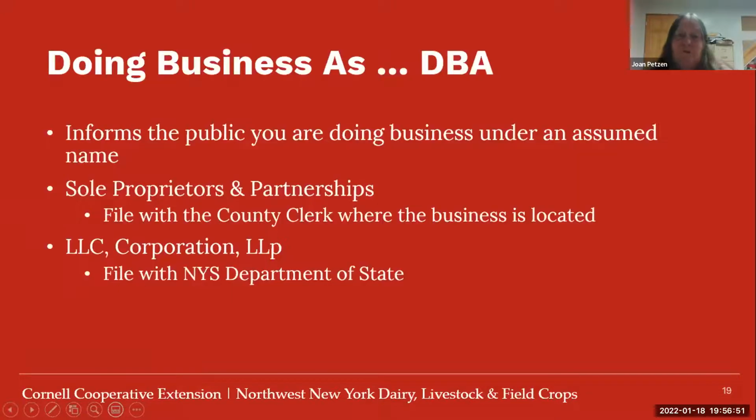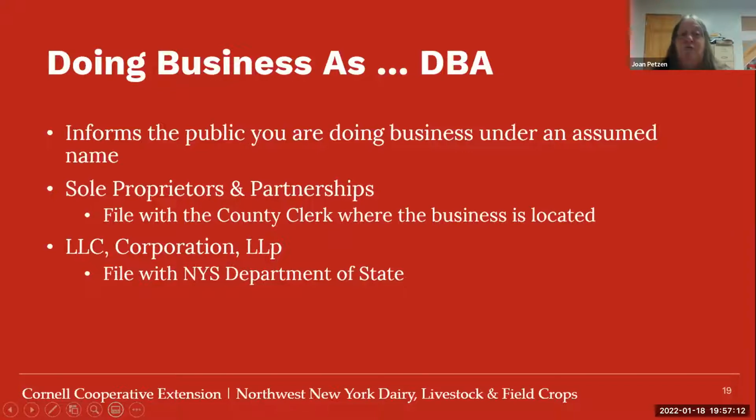Okay, so doing business as, or DBA. This basically is a tool to inform the public that you're doing business under an assumed name. So instead of doing business as yourself, John Smith, you're doing business as Smith's Farm.